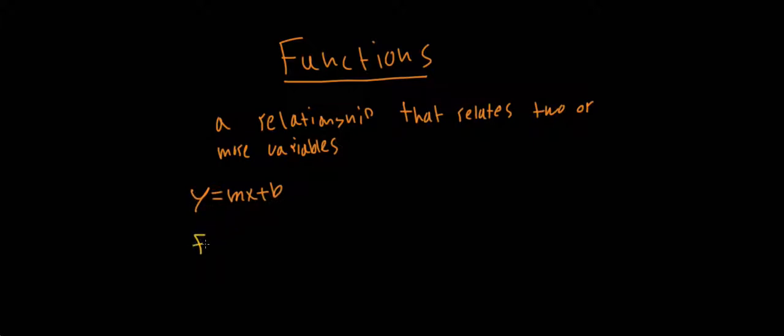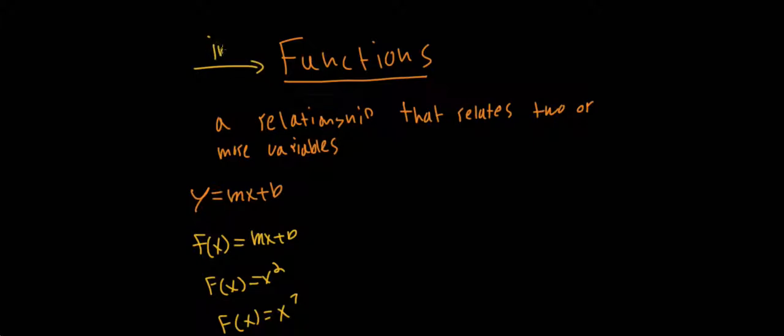In this case, it's going to be f of x equals mx plus b, or f of x equals x squared, or f of x equals x to the 7th. These are all functions. So the general definition for function is an input that results in a unique output.